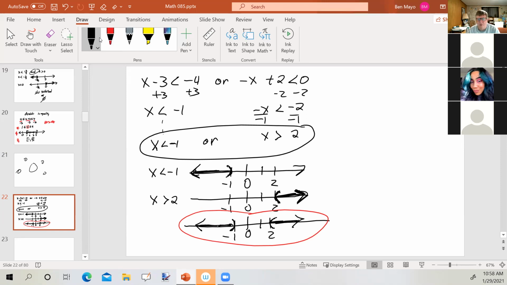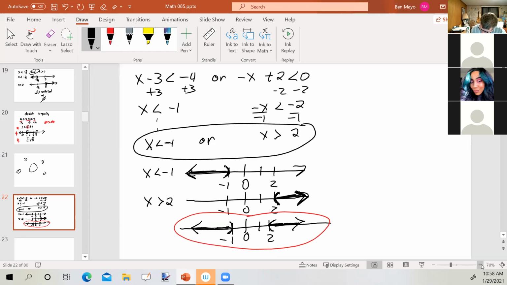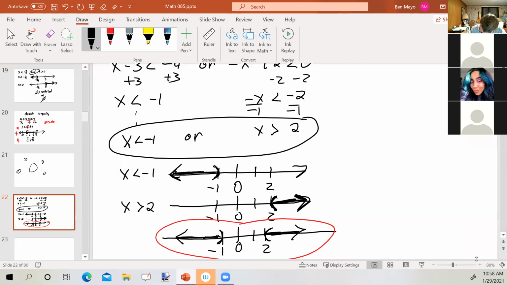Now, notice that is not a single interval. It's not a single clump of land, so to speak. So to write it in interval notation, it's going to look like this.